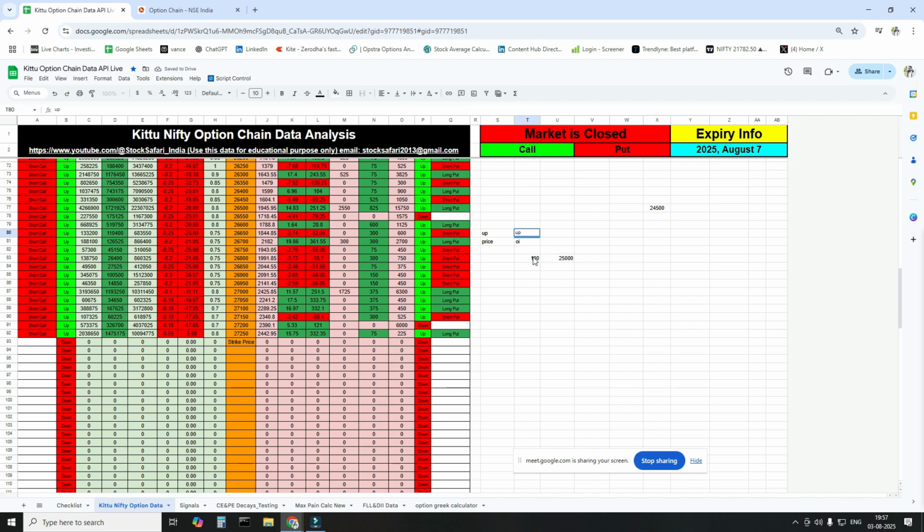The first option: if price is increasing and open interest is increasing, it means long call. Let us assume this is the live Nifty price, which is 24,500, and we will take one contract here. I will be taking a new contract of 75 lots, with the 24,500 strike price and a premium of 100 rupees.